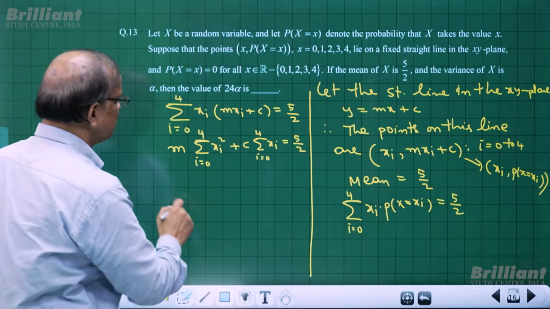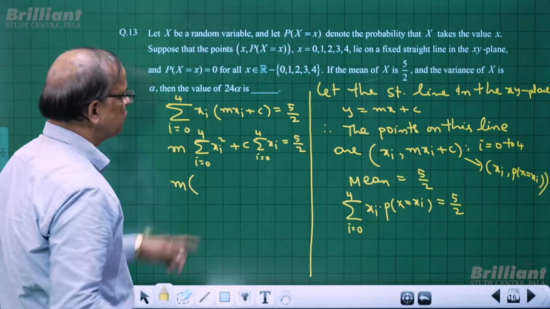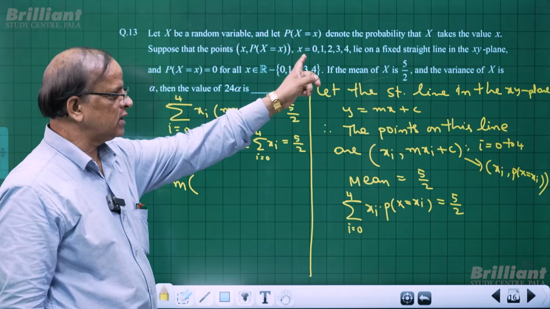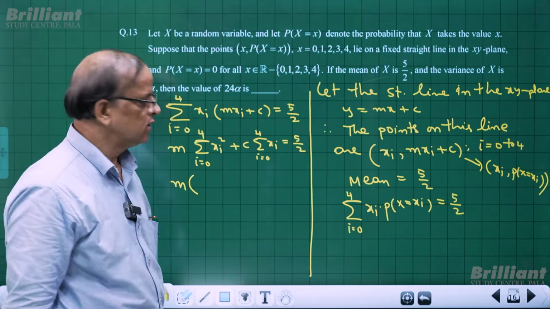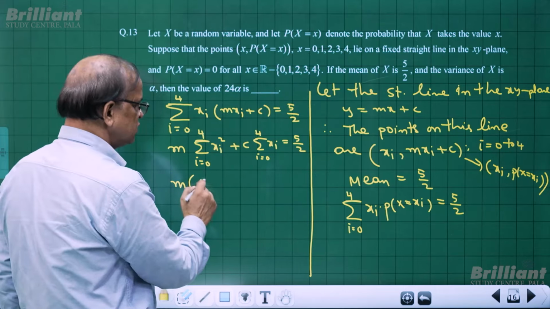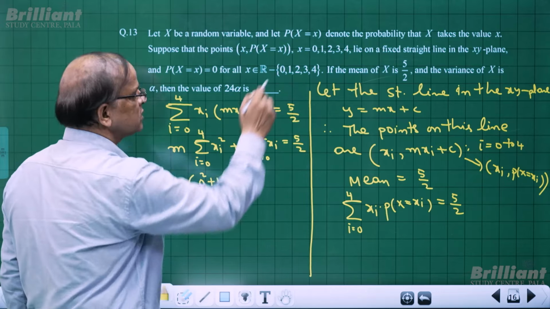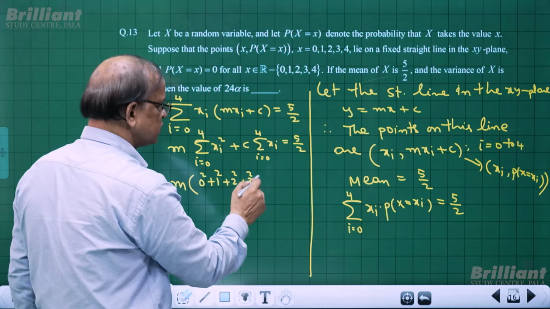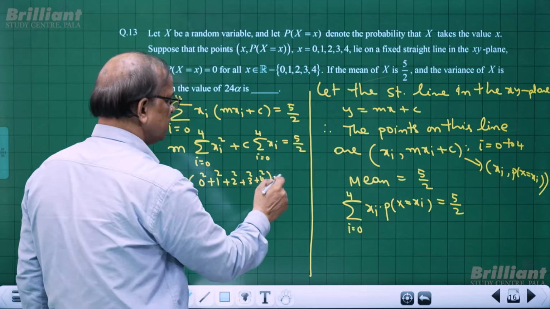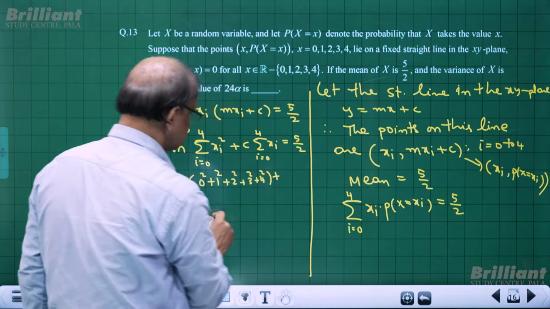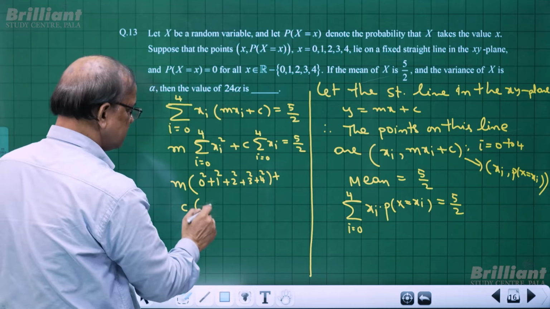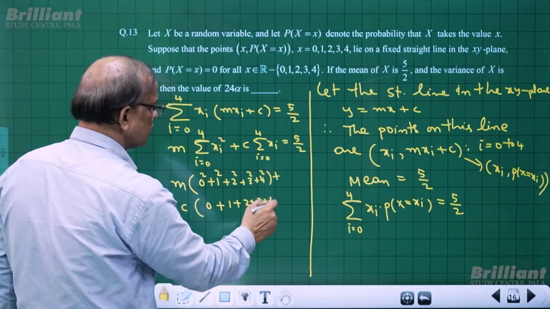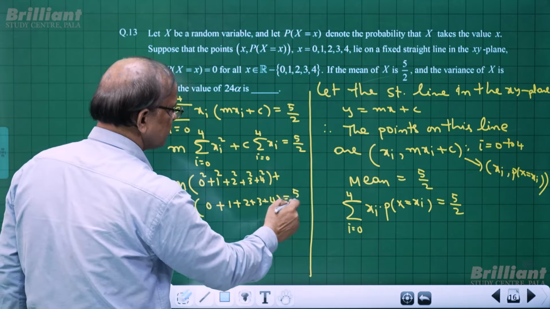What is this? m into 0 square plus 1 square plus 2 square plus 3 square plus 4 square, plus c into 0, 1, 2, 3, 4, is equal to 5 by 2.